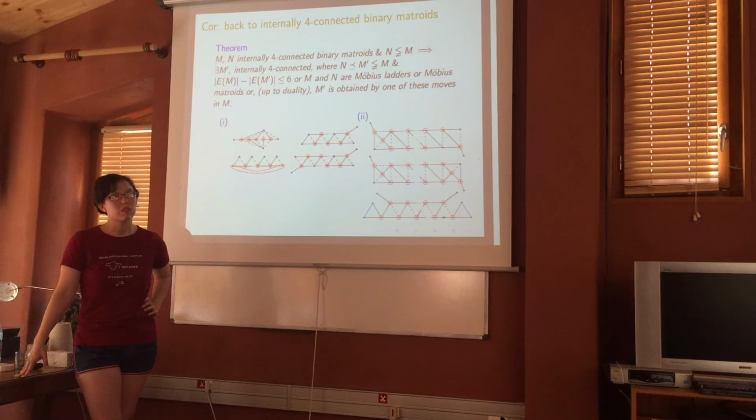Can I ask a practical question? You've got these pictures, and so there's some sort of generic representation of a binary matroid using graphs, in some sense. Do you do that all the time in practice? Is there always some sort of canonical thing? Geometric representations aren't particularly good, but they're more than useful when you're thinking about structures. Can you do this working with binary matroids?